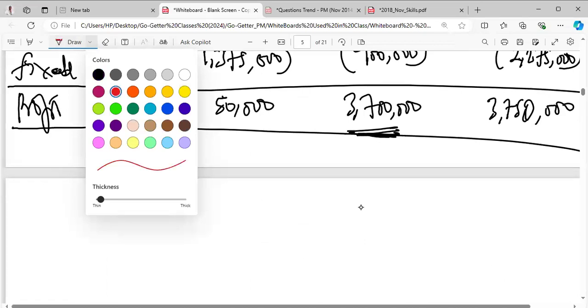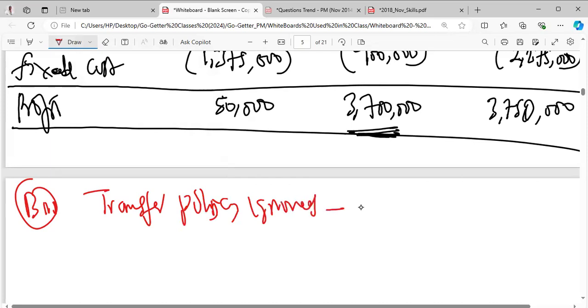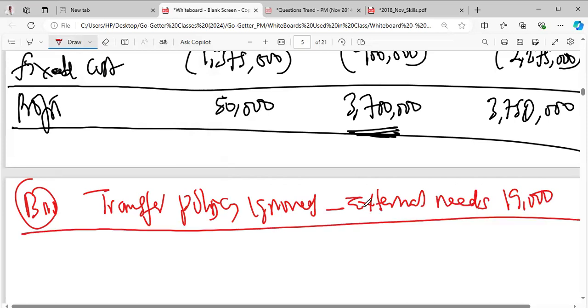That's it. B2, transfer policy ignored. External needs 19,000. So external needs 19,000 components.